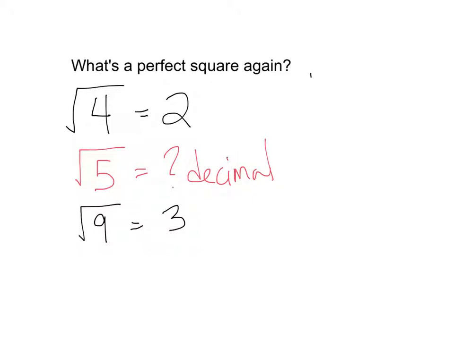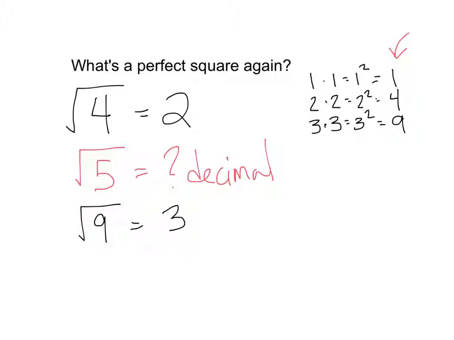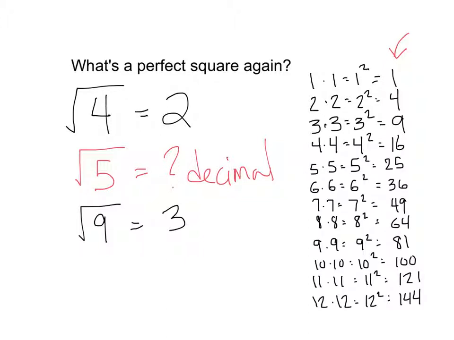For example, 1 times 1 is 1 squared, which is equal to 1, so 1 is a perfect square. 2 times 2 is 2 squared, which is 4, so 4 is a perfect square. 3 times 3 is 3 squared, which is 9, so 9 is a perfect square. And it goes on until you get this entire list. All of these values are perfect squares, the perfect squares of 1 through 12.